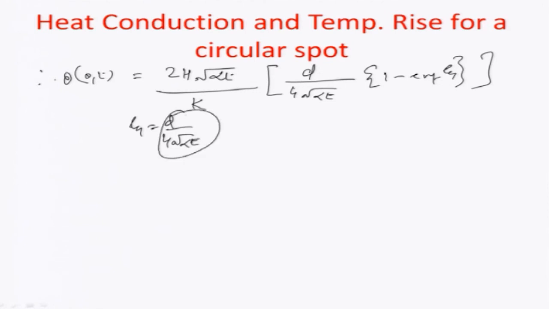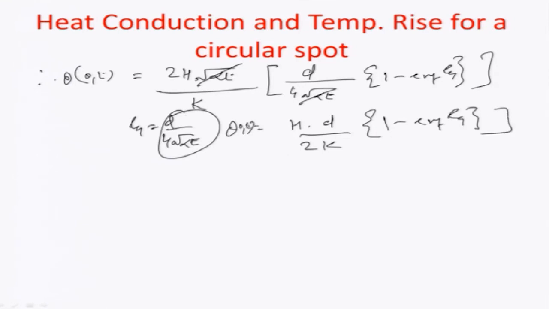As we already know, here this root alpha t goes away, we are left with h d by twice k times 1 minus error function of zeta, and that is equal to the surface temperature as a function of time.